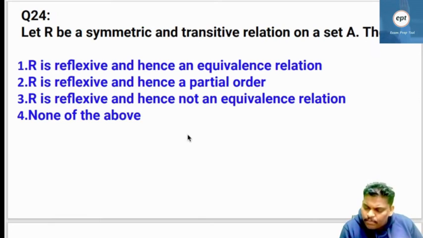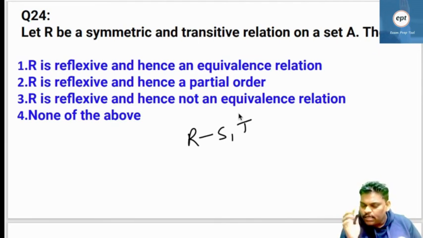Remember, R is symmetric and transitive. Collect the definitions of symmetric and transitive, both. Then which one is true is what is being asked. Then R is reflexive? How?